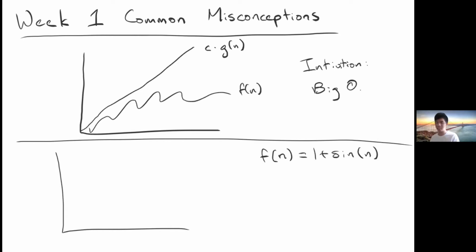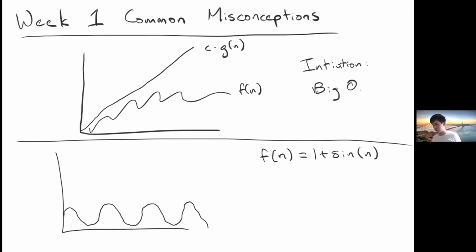You probably won't see this; it's a really weird example. But then the runtime as n goes to infinity looks like this.